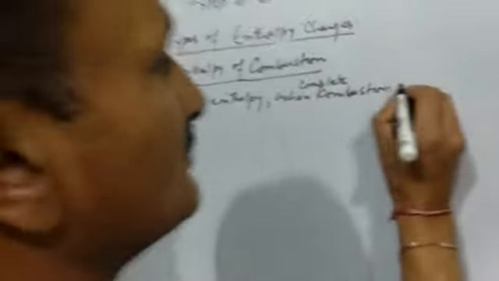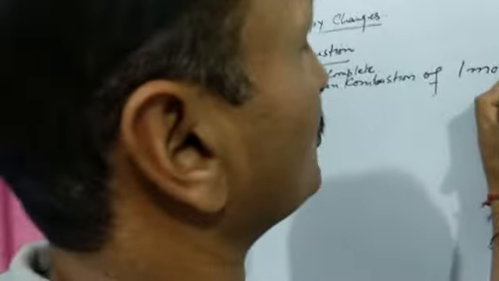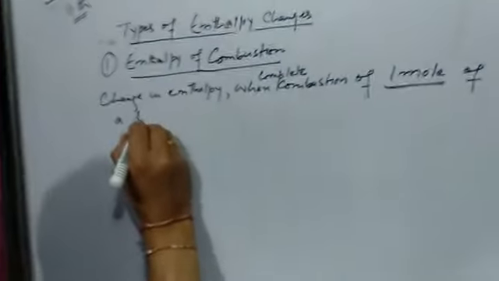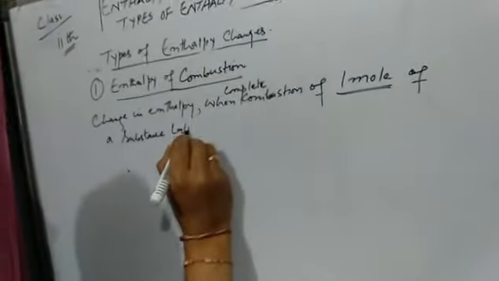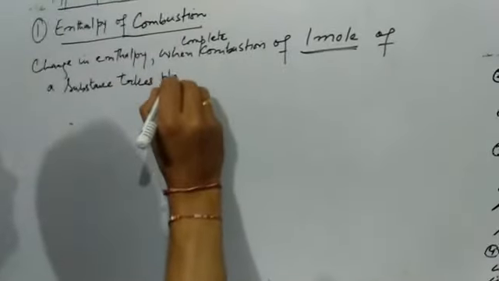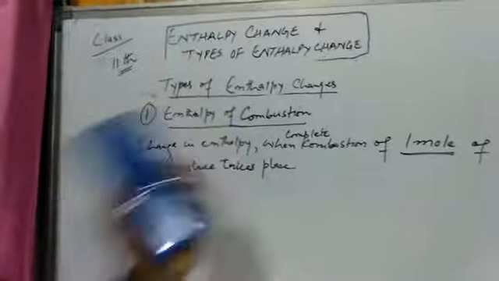When complete combustion of how much of substance? Again 1 mole. 1 mole is the important thing here again. So when there is complete combustion of 1 mole of a substance, whatever is the enthalpy change during that process, that enthalpy change will be known as enthalpy of combustion.